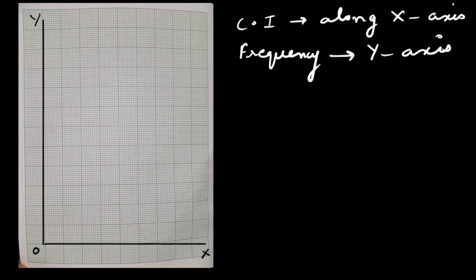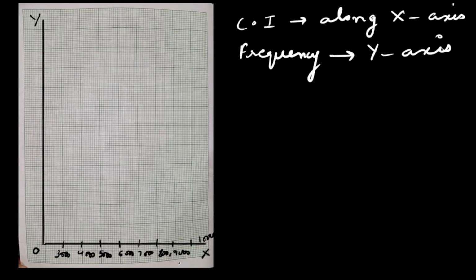So 3000 to 4000: at this point you can write 3000, at this point 4000, then 5000, then 6000, 7000, 8000, 9000 and 10,000. Along the x-axis we have written the class intervals. Like this you have to write the class intervals.